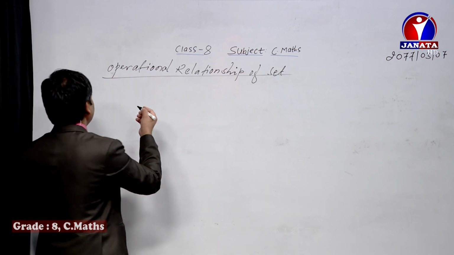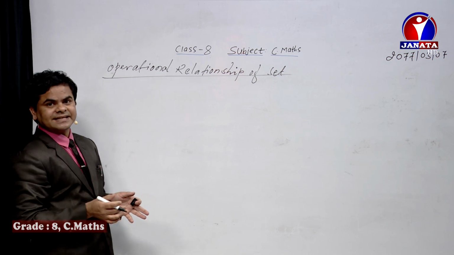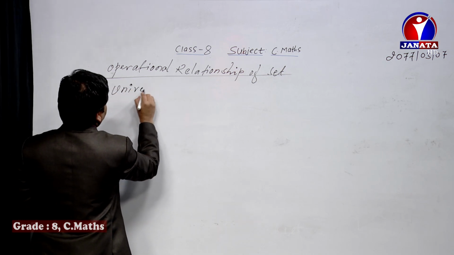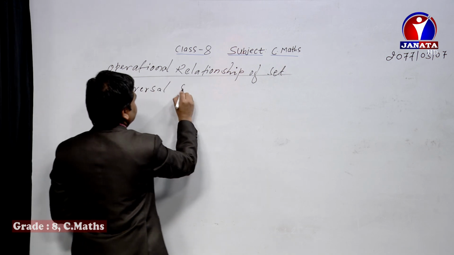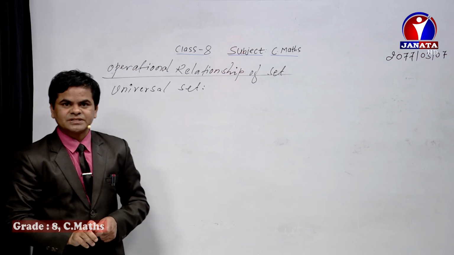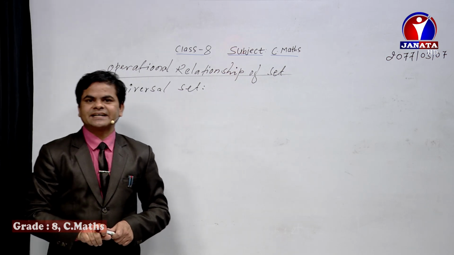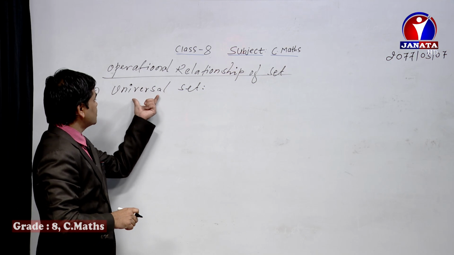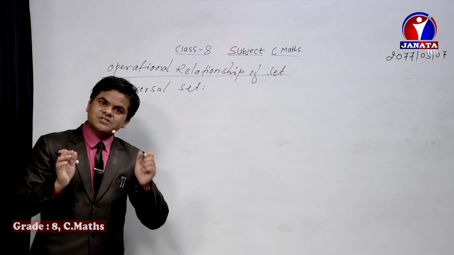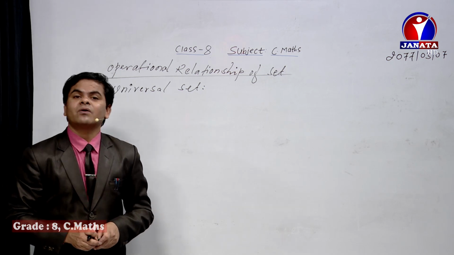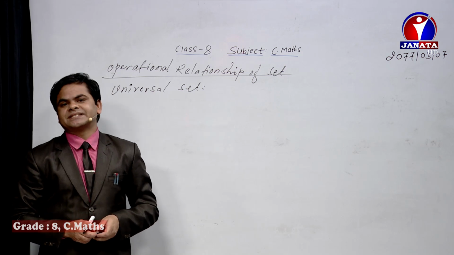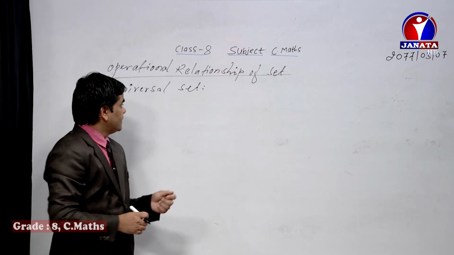So, first of all, while studying the set, you need to understand the universal set. Most of the students, while being in class 6 and 7, have already understood what a universal set is. Universal set means the biggest set among all, and it is also known as the superset, dear students.